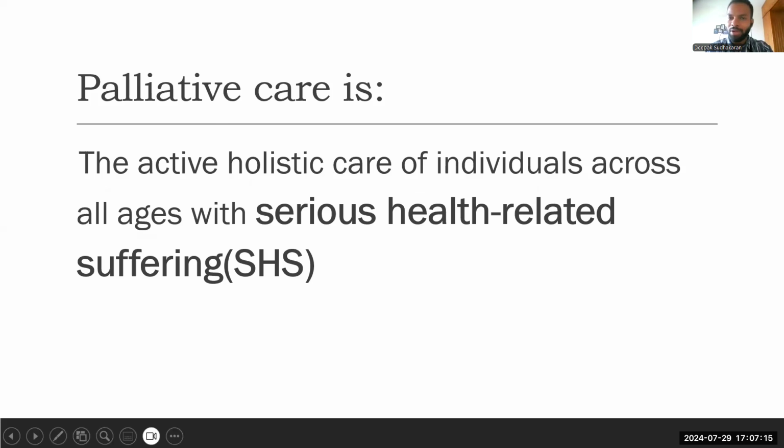So if you look at what palliative care is, this is something you already know. It is the active holistic care of individuals with serious health-related suffering. This is something all of us know by now. And what is serious health-related suffering? If you have to explain to somebody, one of the commonest issues we face is what serious suffering is.